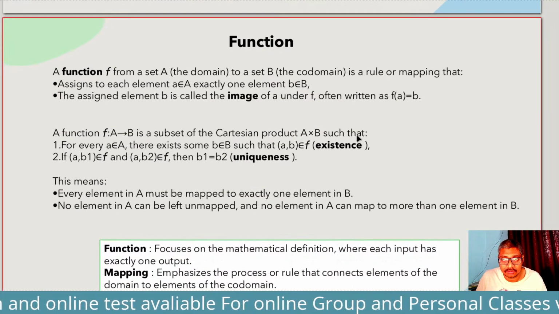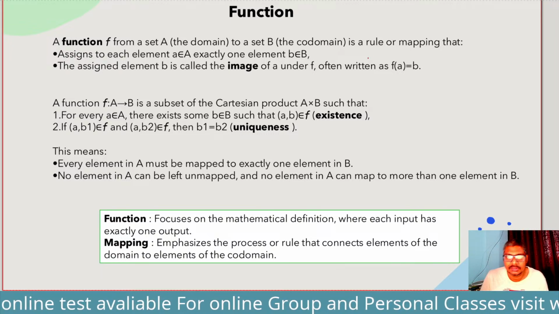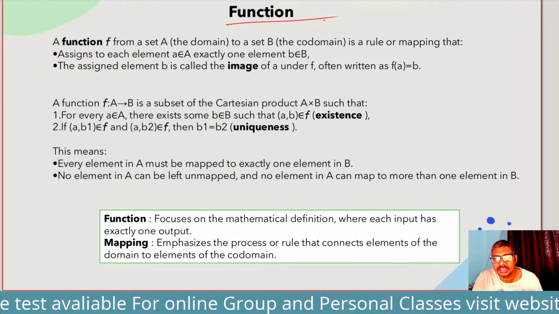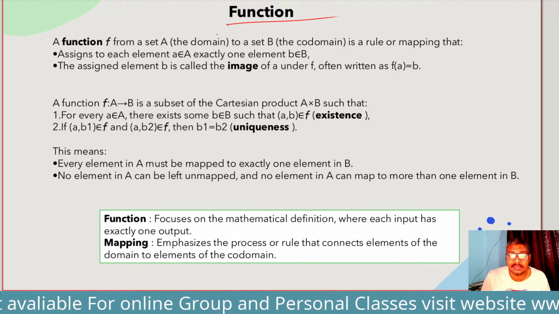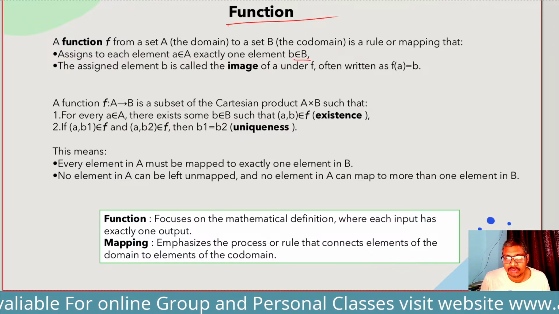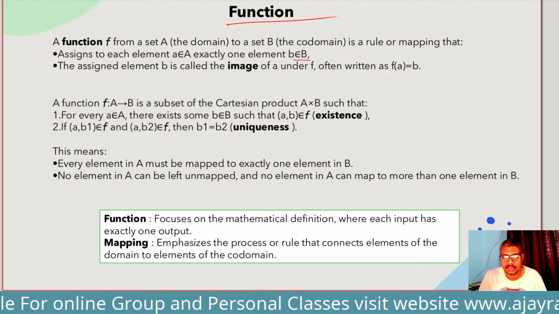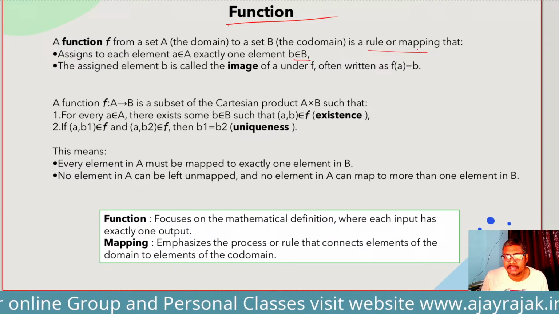Okay, now move to the function. That's our topic for today's session. A function from a set A to a set B is a rule or mapping that assigns each element exactly one element of B. So first understand, a function is nothing but simply a relation, right? A well-defined rule that maps the two sets.